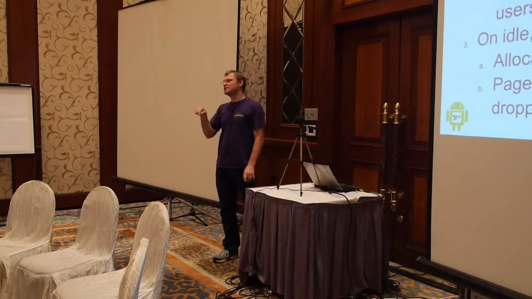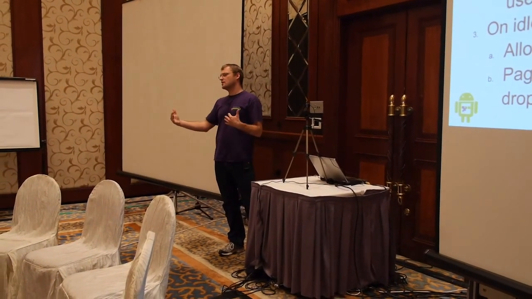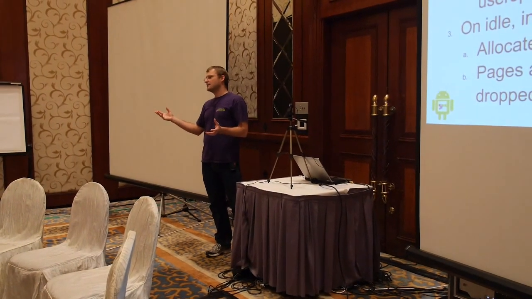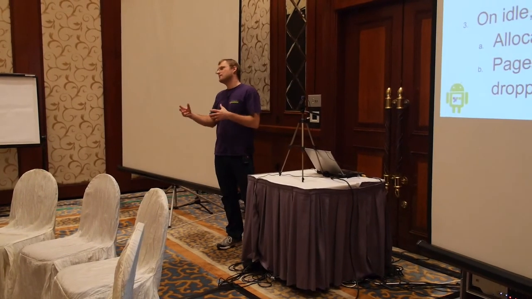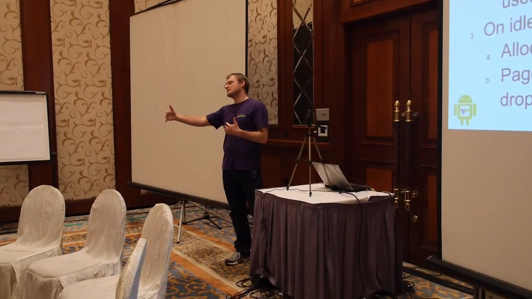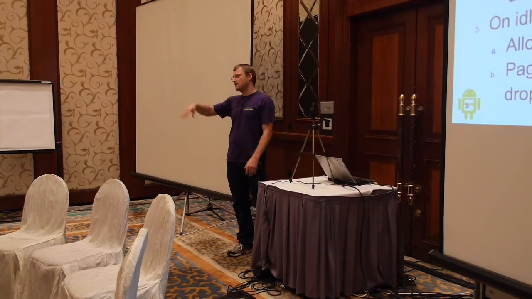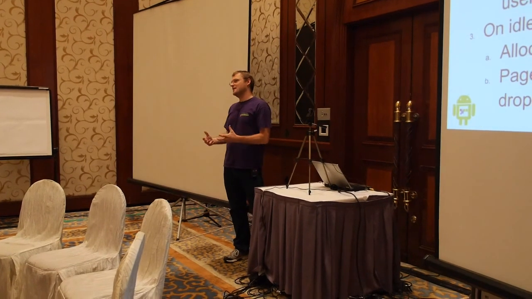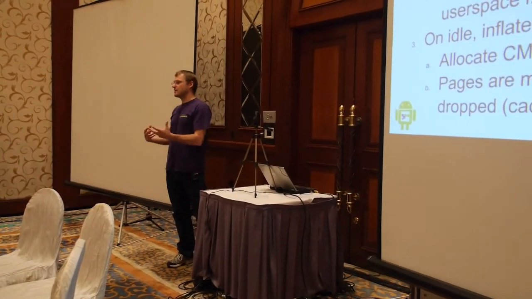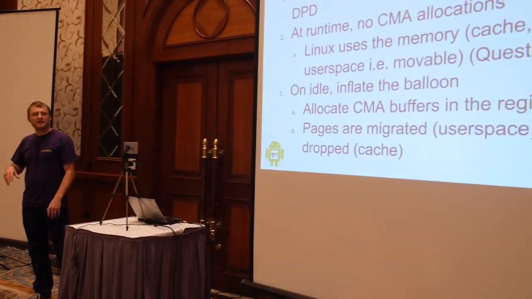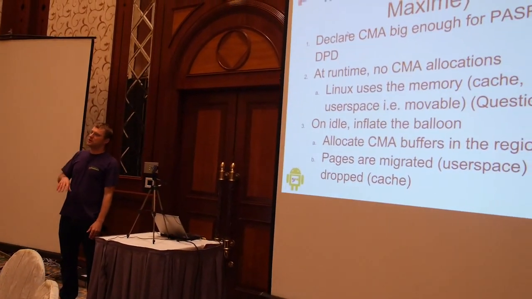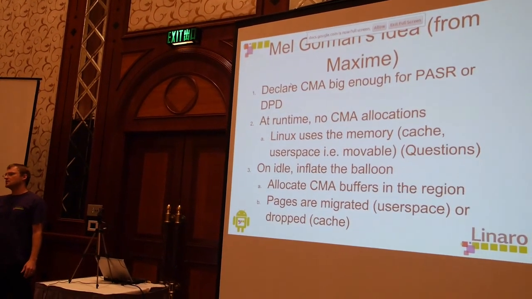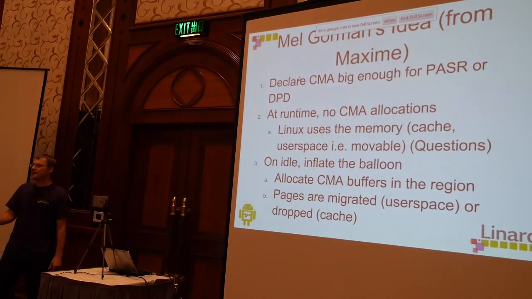Now, looking at the CMA code, when it reserves the region, it's just building up a data structure that says, okay, all these pages are part of the CMA. But then how does that actually get taken out of the VM, and how does that interact with all this? I think what happens is that Linux is free to put movable and page cache pages into this CMA when it's not being used, which is kind of the big deal. I believe that's the case, which means it works.